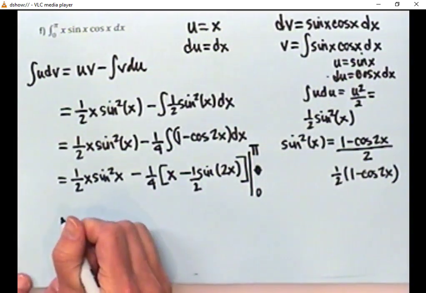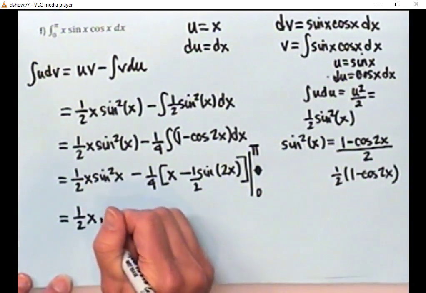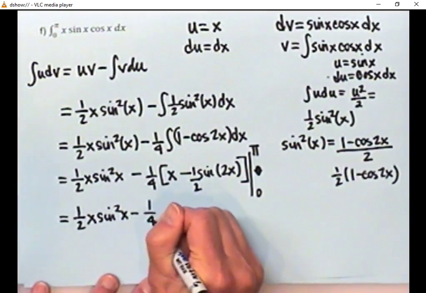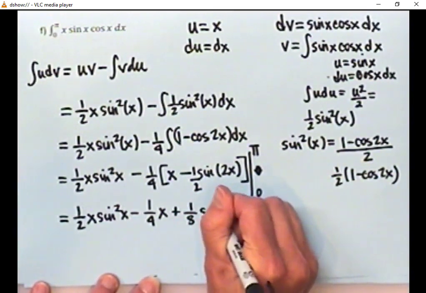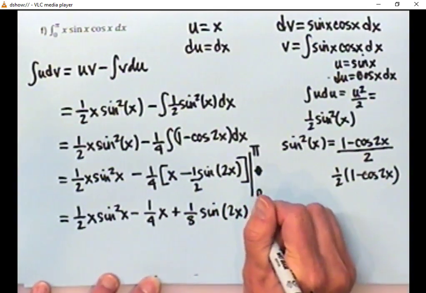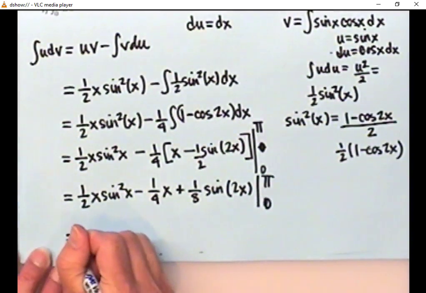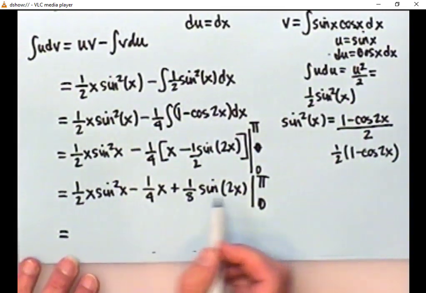So I'm going to clean it up a little bit, and then I'll plug in the limits. I'm just going to distribute this negative 1/4 through, probably. You could leave it, but I'll write this as negative 1/4 x plus 1/8 of sine of 2x. And then I'll go ahead and plug in those limits 0 to pi. I'm hoping 0 will just make 0, but it looks like I might have some pi's here.